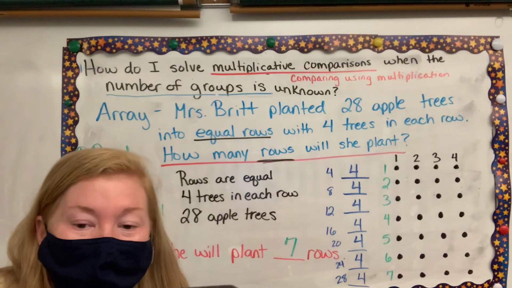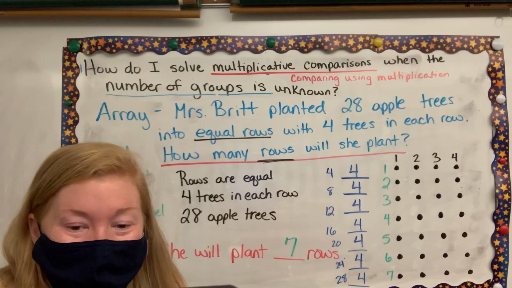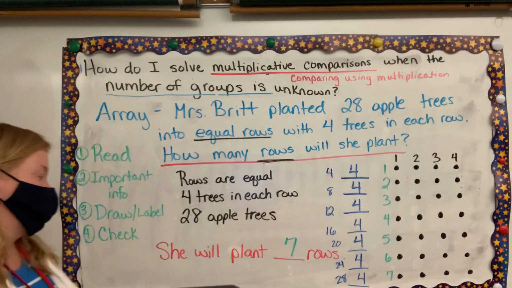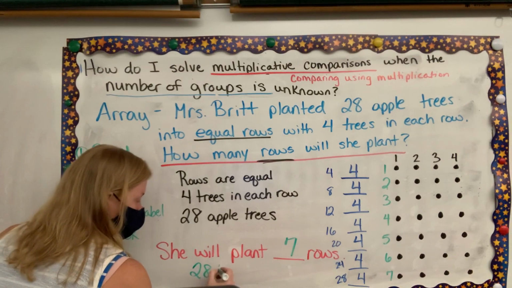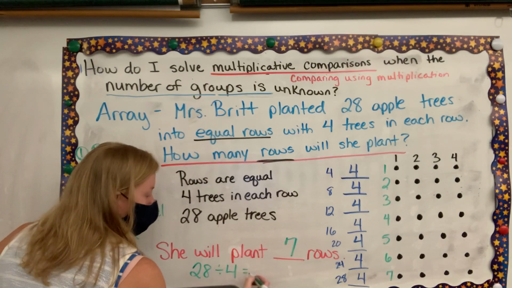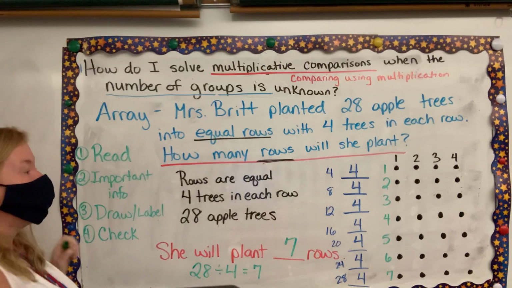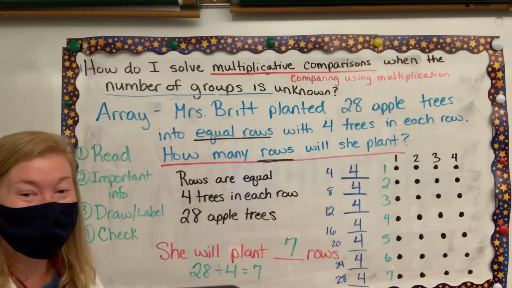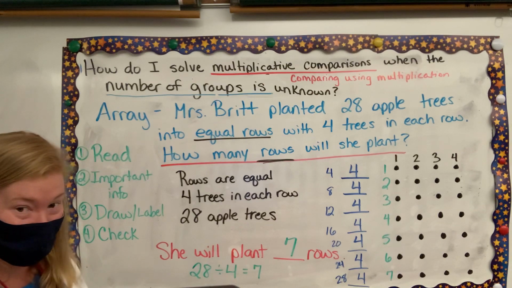Help me out, Jules. 28 divided by 4 equals 7. Perfect. Now, if I wanted to write that as a multiplication sentence, can somebody actually do it the correct way?